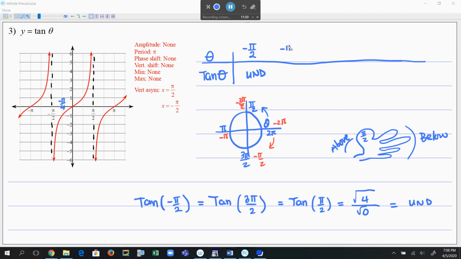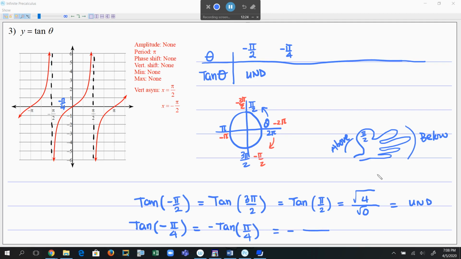And next one, let's look at negative pi over 4. At negative pi over 4, again, negative pi over 4 will be in quadrant number 4. So tangent of negative pi over 4. Now, if you think about your reference angle, this is the same thing as negative tangent of pi over 4, to be negative.